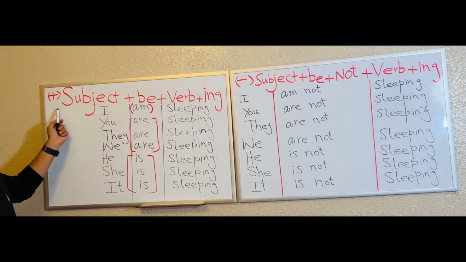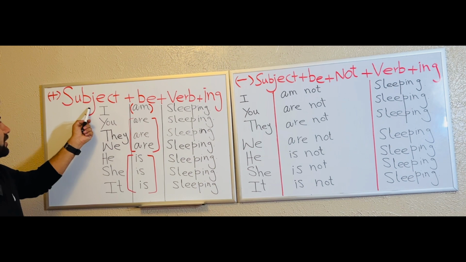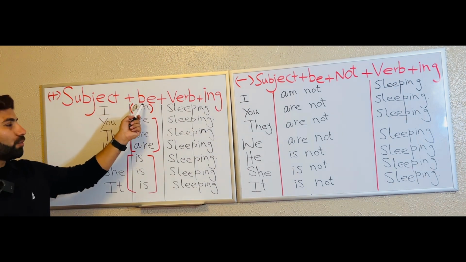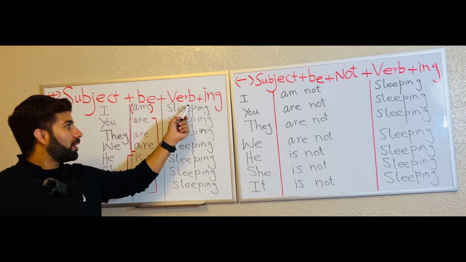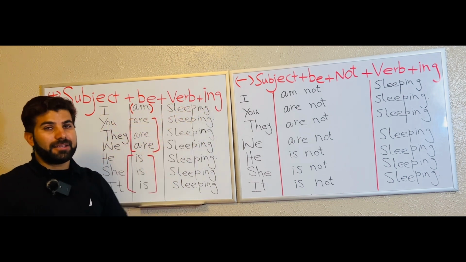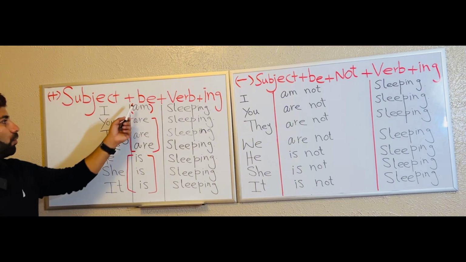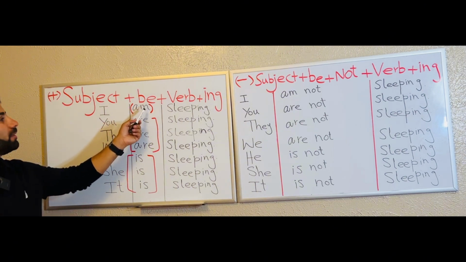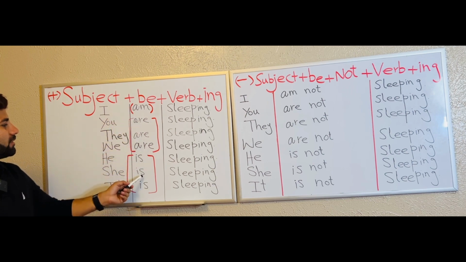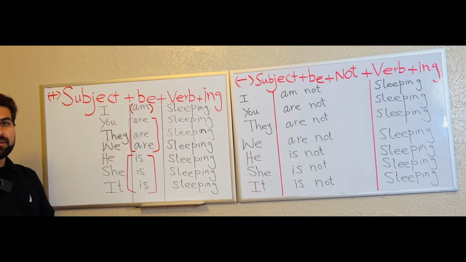In a positive sentence, we need subject, we need to be, or just be verb, and then action verb, and then ing. What is be or to be verb? Is, are, am. Also in future will come was, were. So this is called be verb.